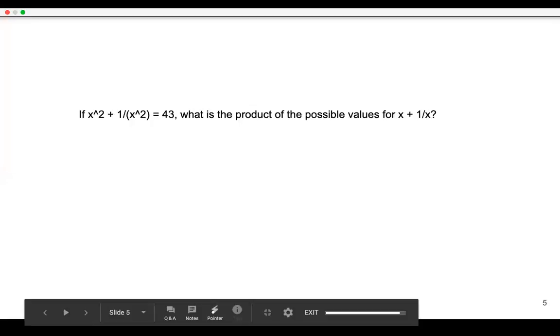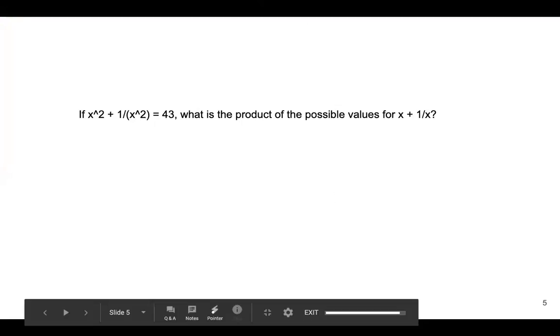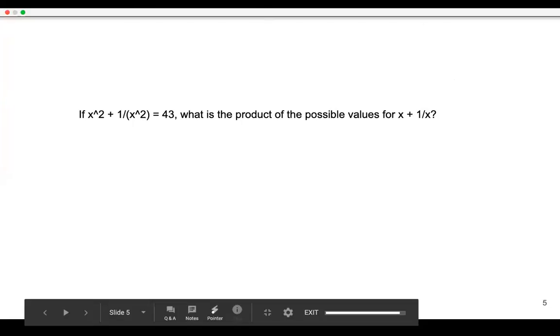Let's go. This is the first problem. Sorry.